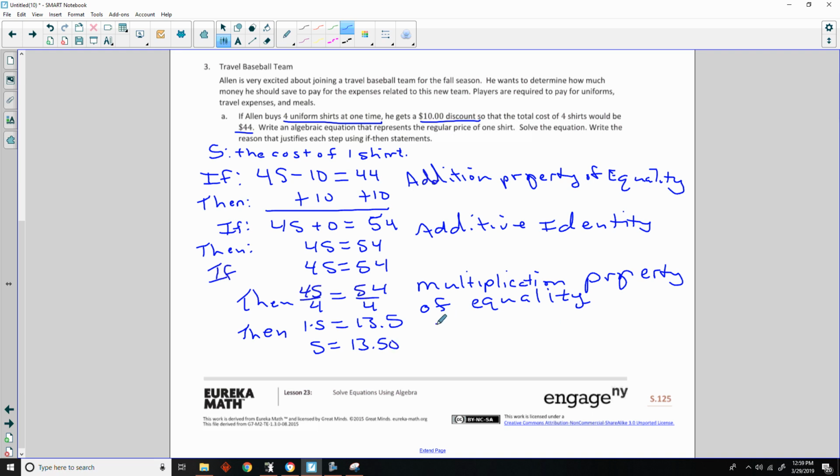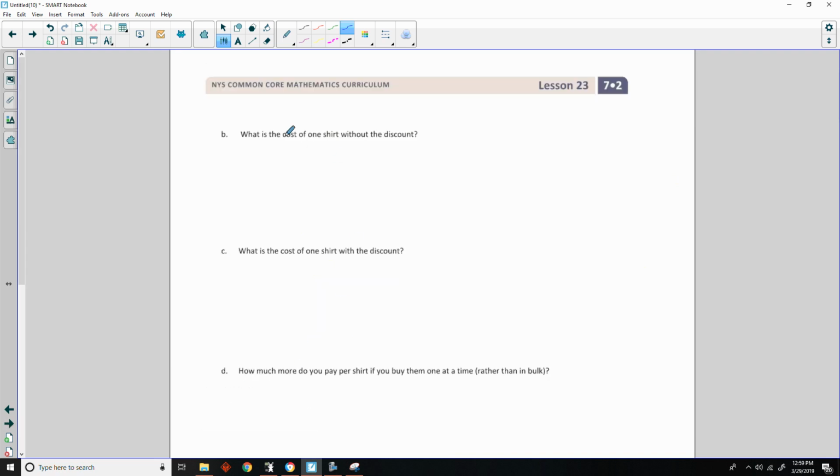And that is a multiplicative identity. Okay. And therefore the cost of one shirt is $13.50. And yes, you should write a complete sentence. So you should say the cost of one shirt without a discount is $13.50.